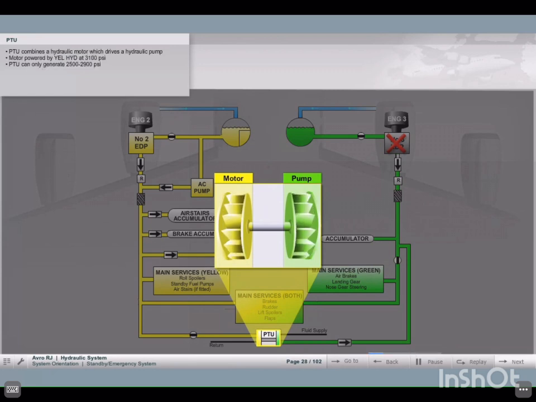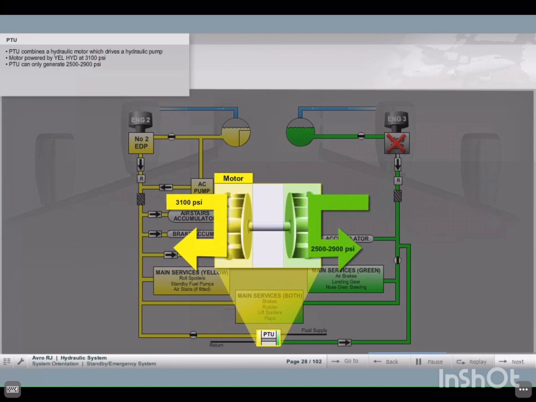The motor is powered by the yellow hydraulic system at 3,100 psi. Output from the PTU is delivered to the green system. However, the PTU can only generate 2,500 to 2,900 psi.